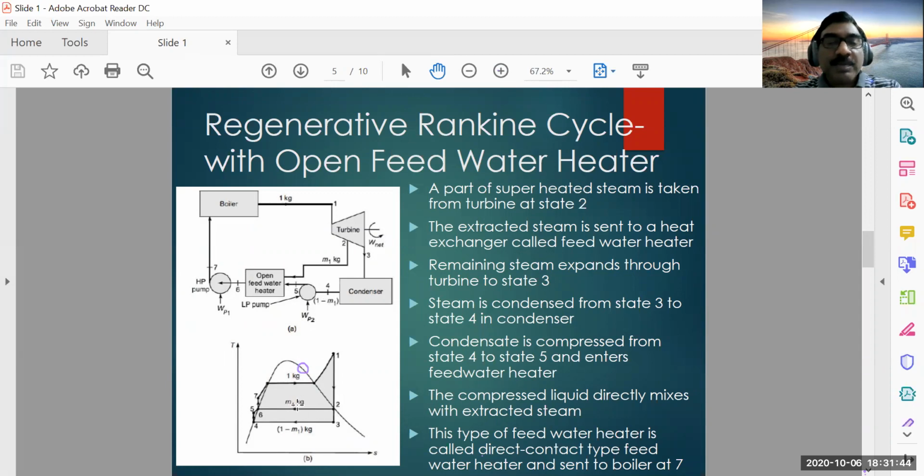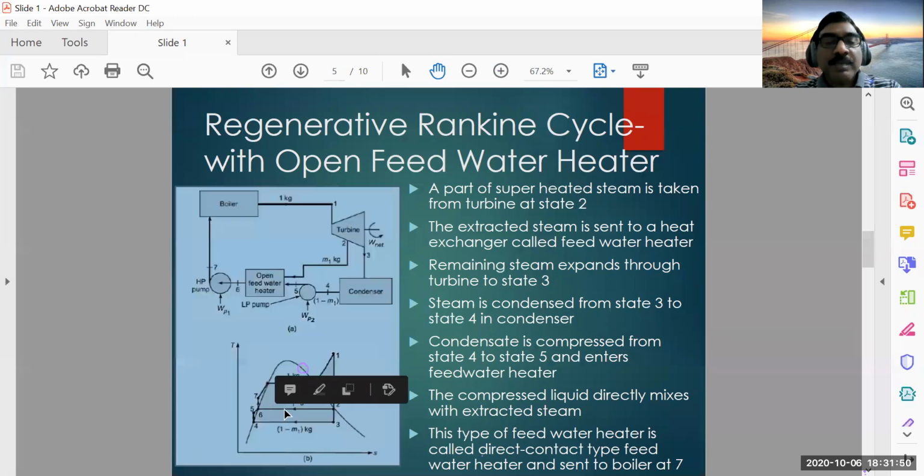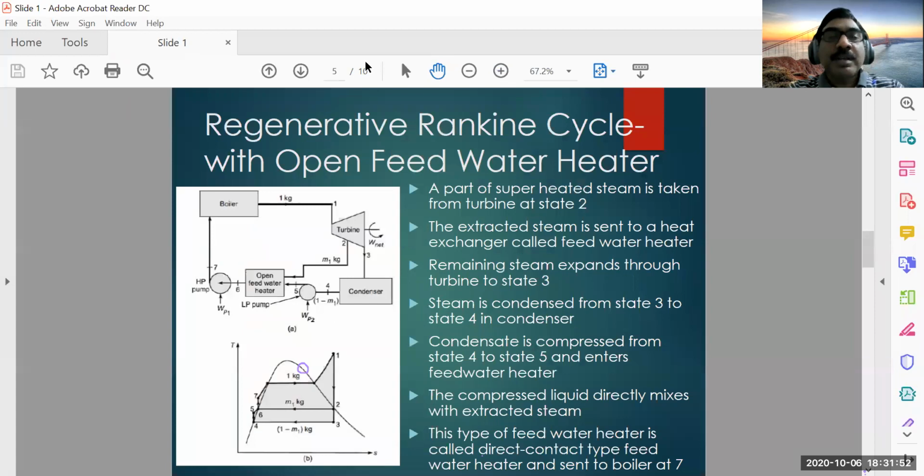But here, some of the heat is added at this temperature and pressure, and some of the heat is added at this temperature. That's why the mean temperature of heat addition will be increased. Because of that, the efficiency of the Rankine cycle will be increased.